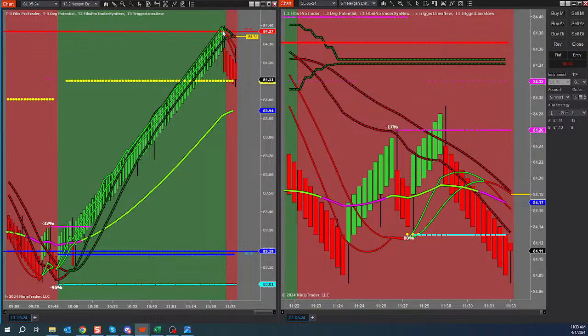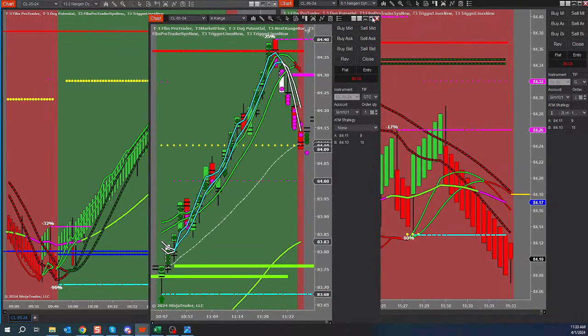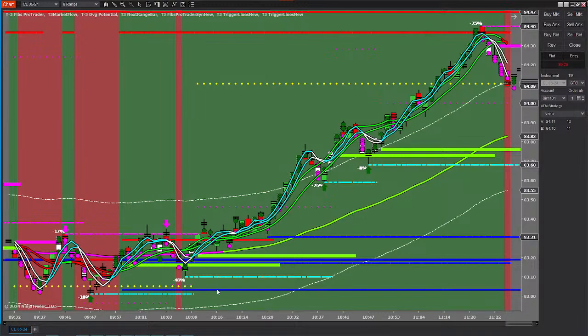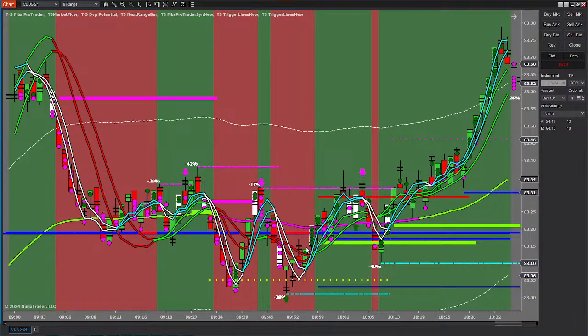White bar trades give you an opportunity to take advantage of a top or bottom. But it doesn't mean that you just arbitrarily go, right?